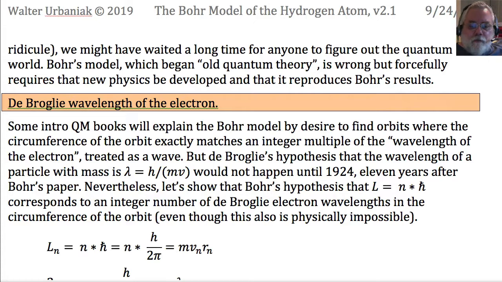Nevertheless, let's show that Bohr's hypothesis that angular momentum L equals n h bar does correspond to an integer number of de Broglie electron wavelengths in the circumference of the orbit, even though this also is physically impossible.